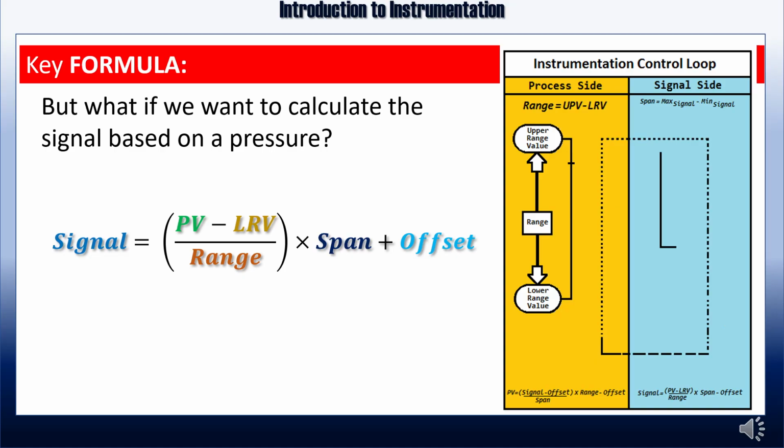All right, that formula works great when we know what the signal is and we calculate the process variable. Now, that's assuming, of course, that everything's been calibrated. Having said that, what if you're walking by and you see the pressure gauge, and the pressure gauge announces a particular pressure?